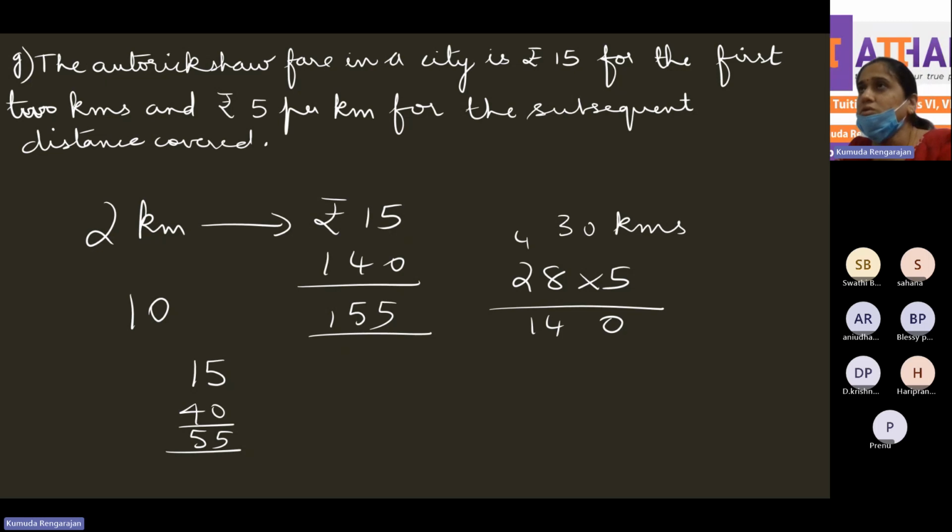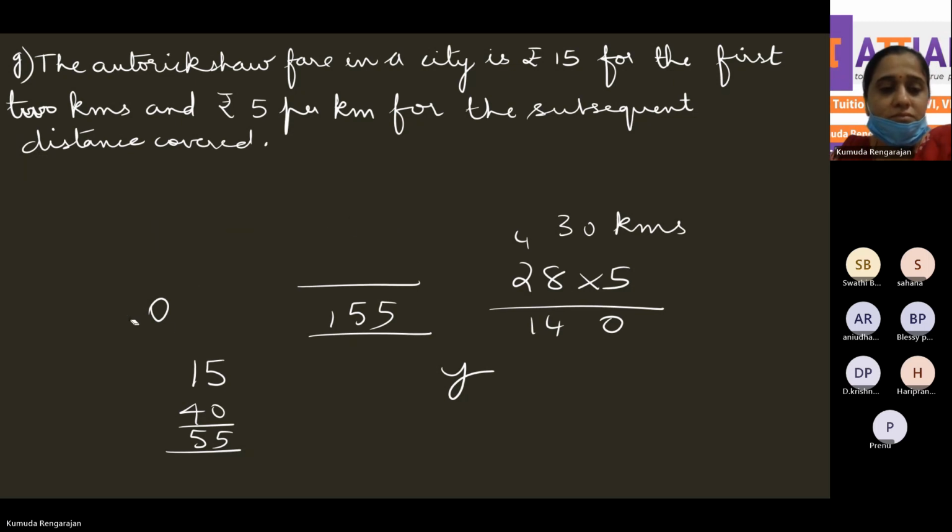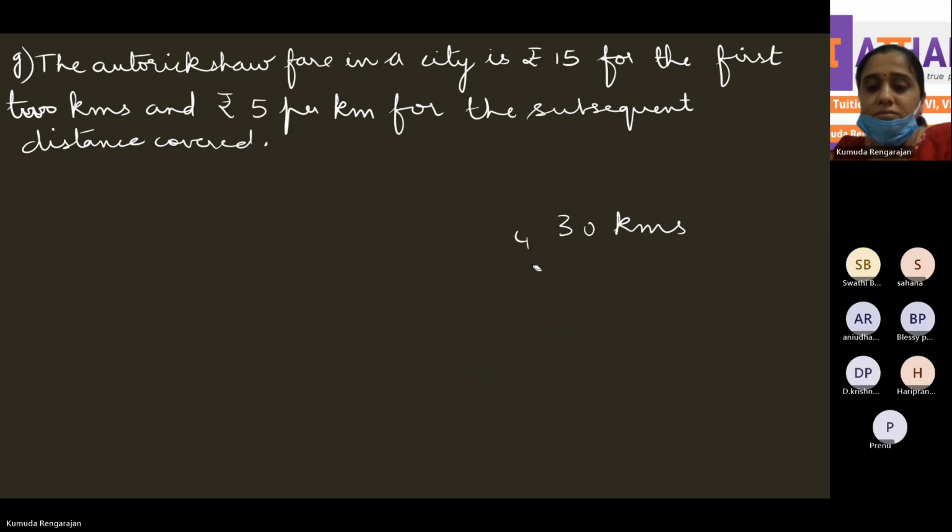Now, here you should know the total distance you have covered. So let the total distance you cover be Y. And then what is the other thing you have to assume? What will be X? The subsequent distance covered is X?